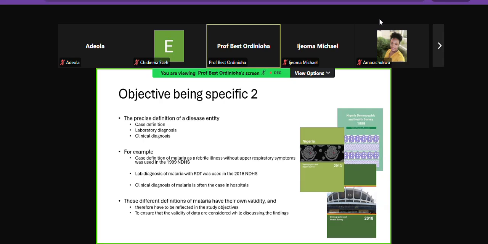So if you do that, it means that a lot of people with fever, in fact almost everybody, the patients that came to hospitals like teaching hospitals, fell significantly under COVID-19, because anybody that came with fever was a suspected case. So when you are carrying out the study, you have to be specific, even in looking at the disease entity and deciding which one.